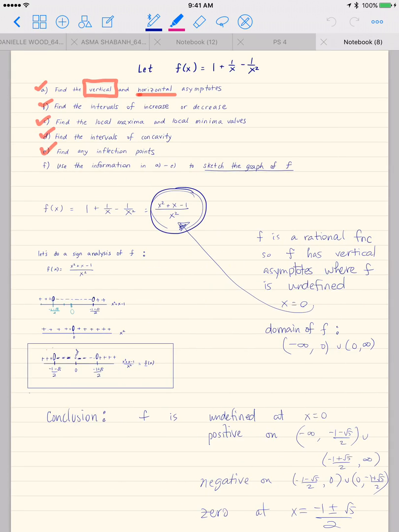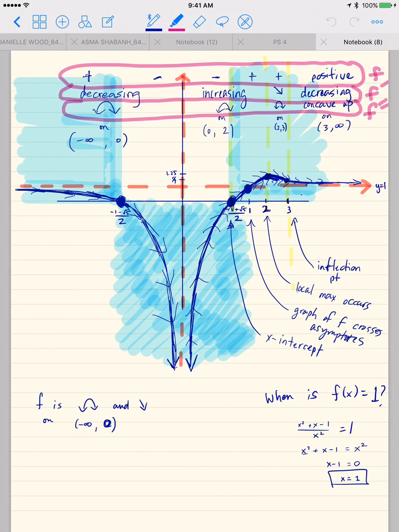That's essentially what we're doing here for sketching a graph: we're just looking at when is our function equal to 0, because that'll tell us when it's changing signs. When is our first derivative equal to 0, because that'll tell us when the first derivative is changing sign. When is our second derivative equal to 0? That'll tell us when our function is changing concavity.